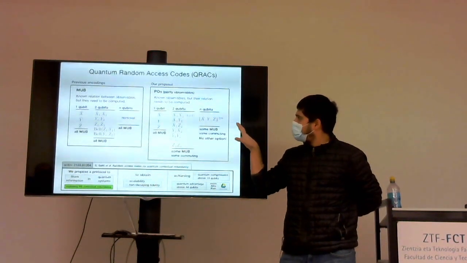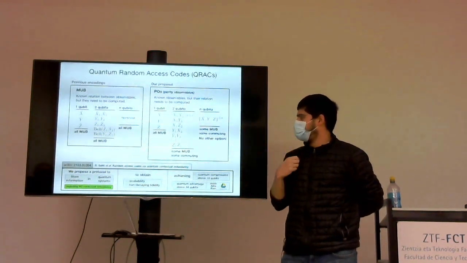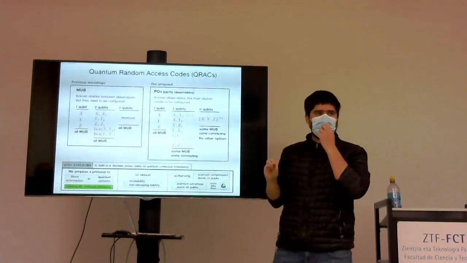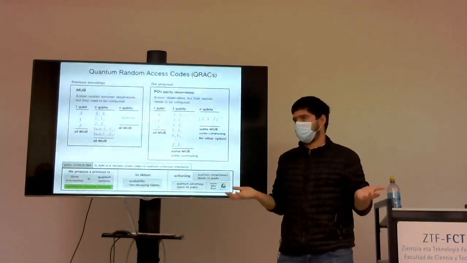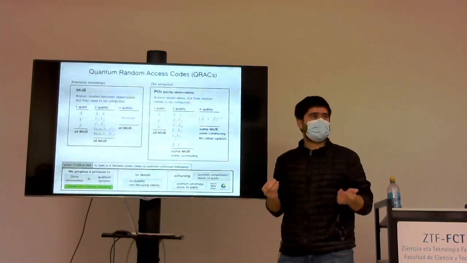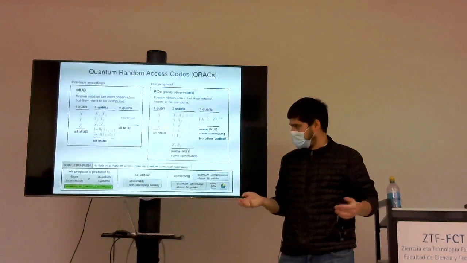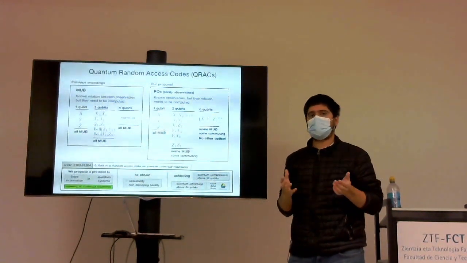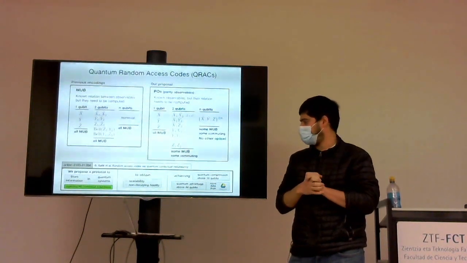And the advantage, we will be looking at the advantage of using these observables. Overall, when using this approach, we are able to propose a protocol in which you obtain some better scalability than what has been done so far on quantum random access codes. And our fidelity is non-decaying. In fact, we can achieve a constant fidelity for any number of qubits.